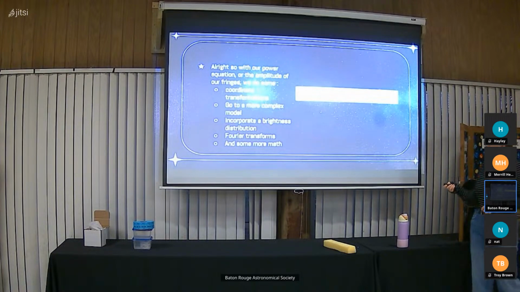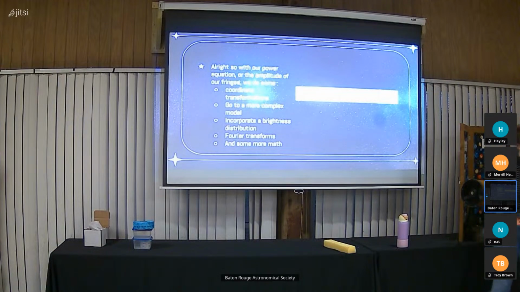What this equation tells you, and this is what's really important with this kind of math, is that there is a brightness distribution, which is the F of alpha, beta, that you can take, and you can apply known brightness distributions and plug those into this equation.